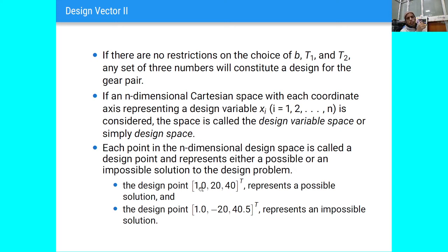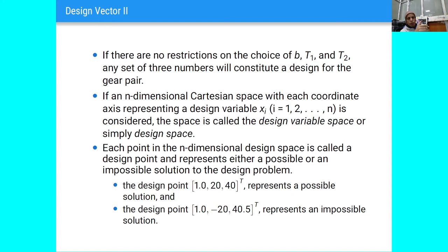The face width can be 1 centimeter. The number of teeth, since it is a whole number, it can be 20. Also, the number of teeth on gear 2, that is 40, is also a whole number. It is also possible. Okay, so this particular kind of design vector may be termed as your possible solution.